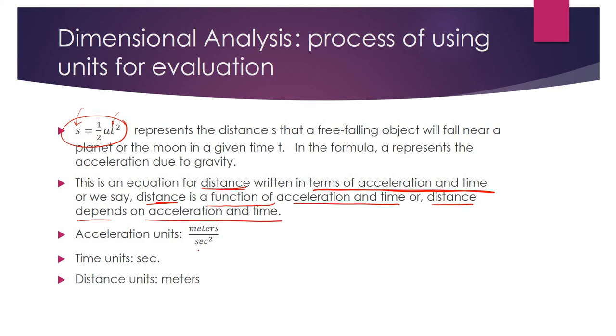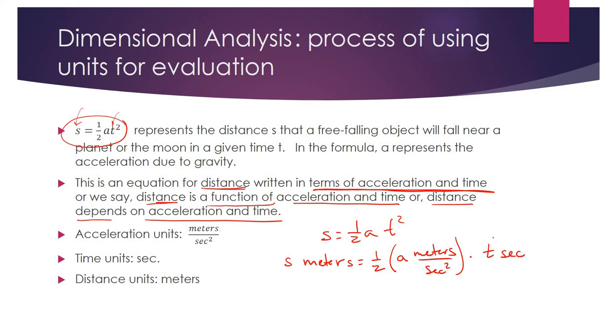Now, we're told that acceleration is meters per second squared. So if I take this formula and I put the units in place of acceleration, so distance is in meters, some number of meters, equals 1/2 of some value of meters per second squared times some value of t that is measured in seconds.